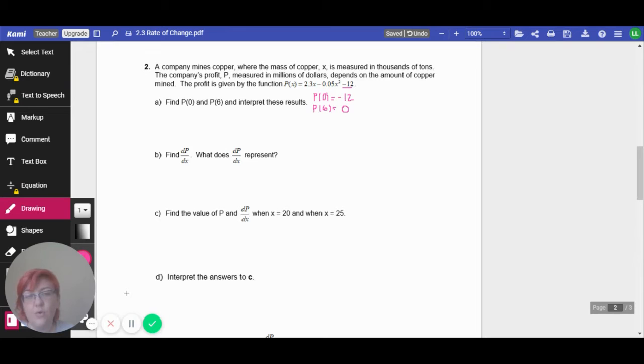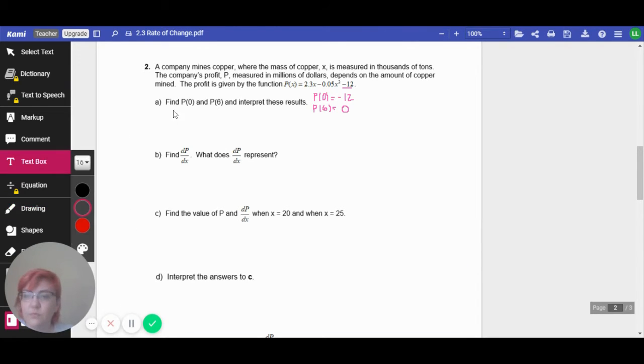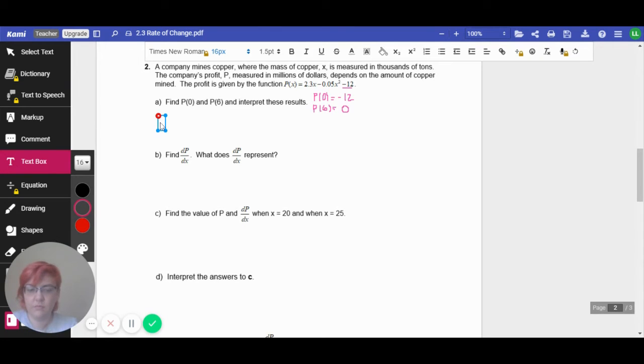All right, so what do these results mean? Well, P of 0 equaling negative 12 represents a loss of $12 million. We've lost that money because the number is negative.